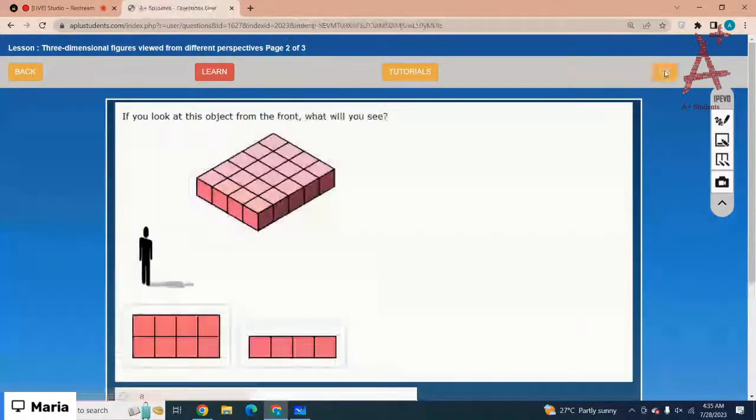If you look at this object from the front, what will you see? So which is the correct option?